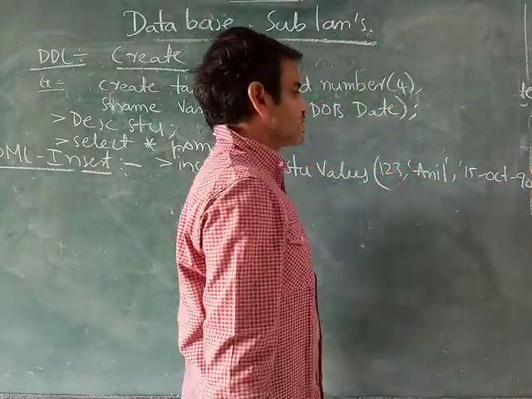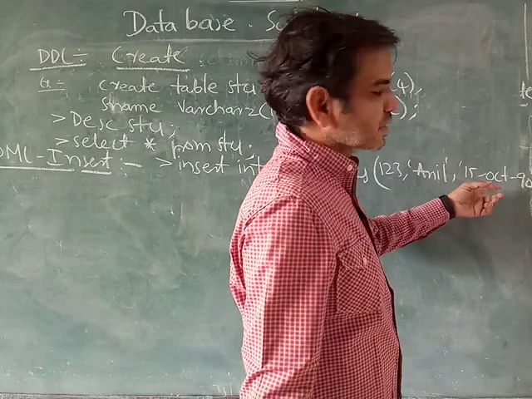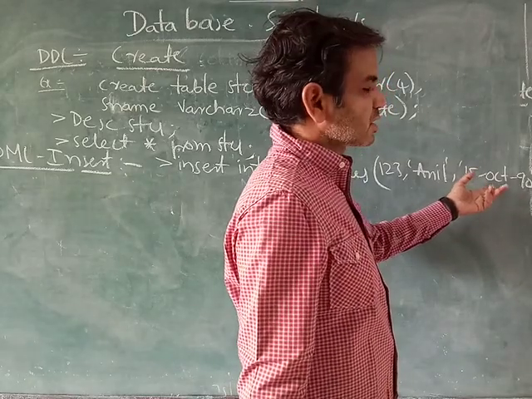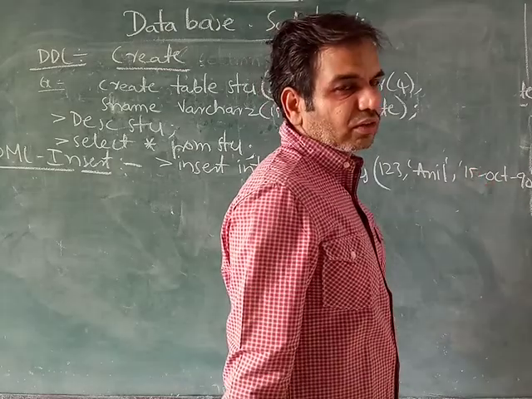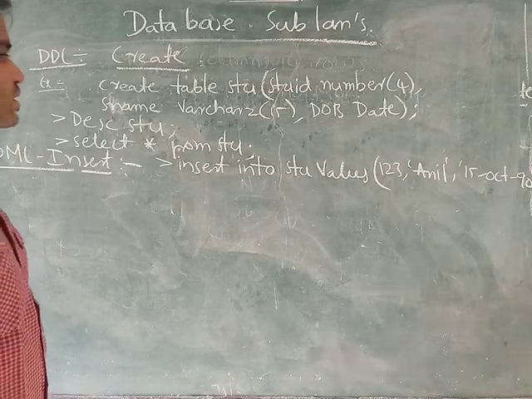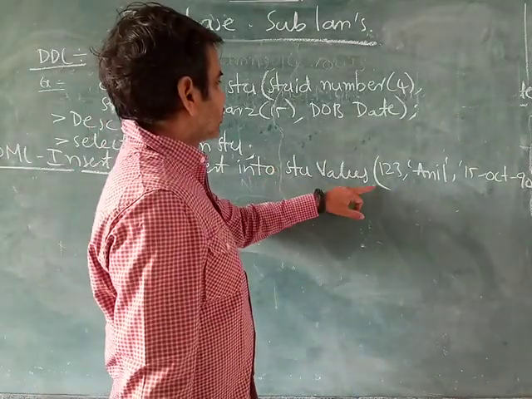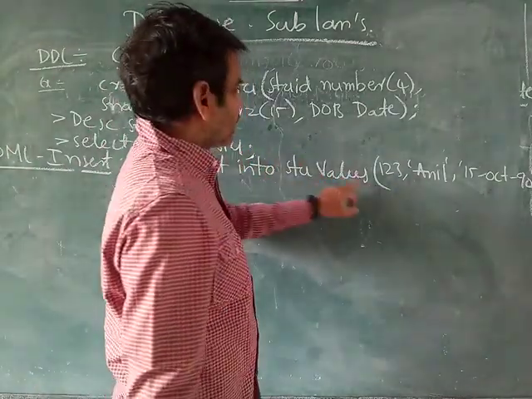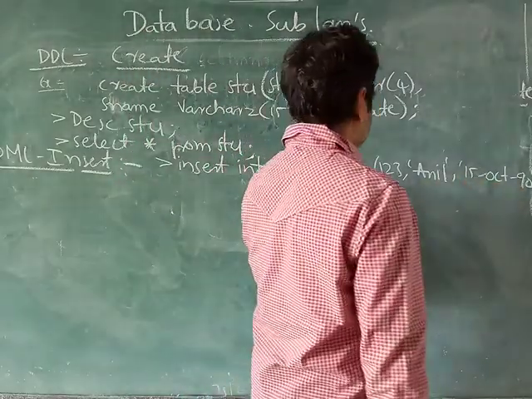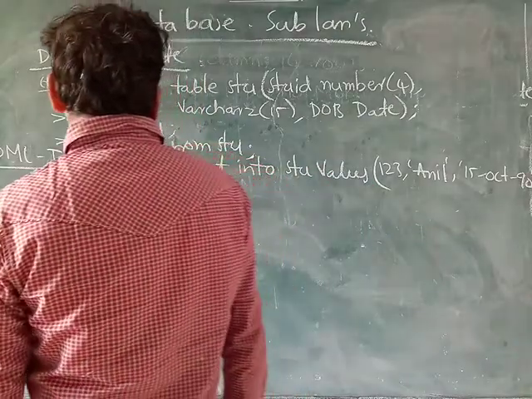In some versions the date is accepted in a particular format, with the month in only 3 letters. So insert according to student ID 1, 2, 3, student name Anil, alphanumeric, and the date we should enclose with single quotation marks, date of birth is this one. So this is inserting a value.